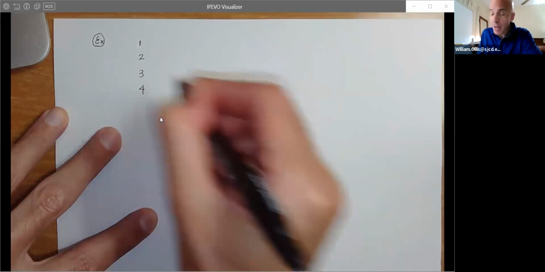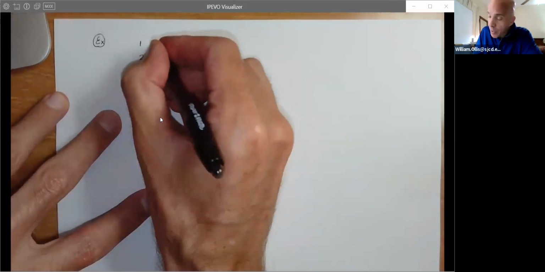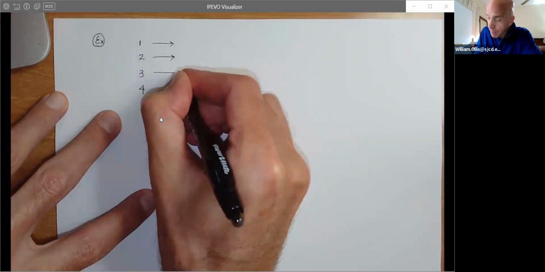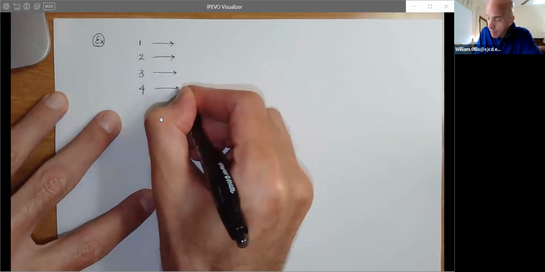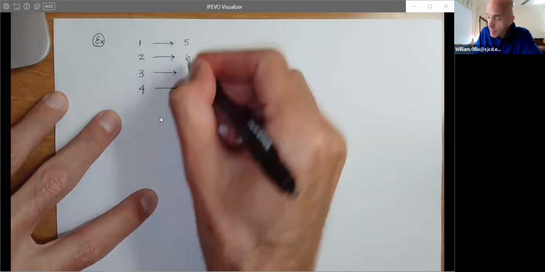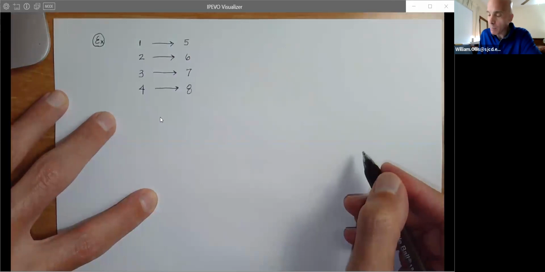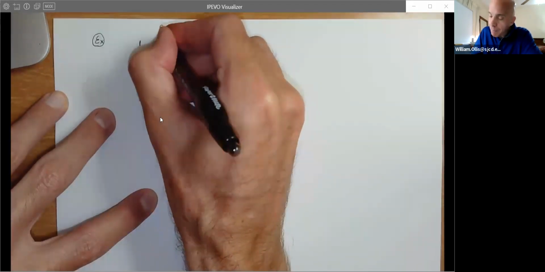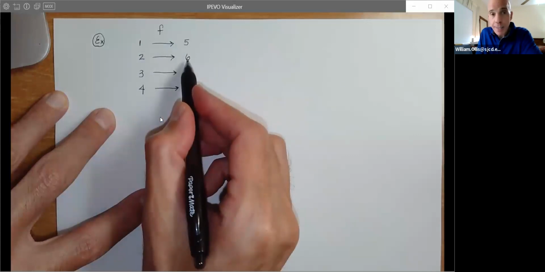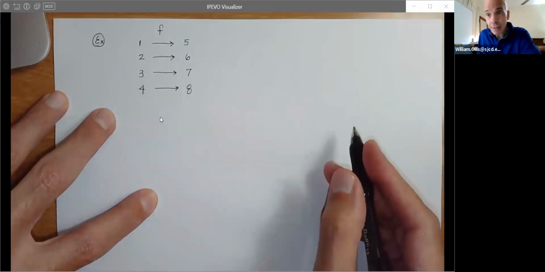So the domain of f consists of those four elements, and they're going to map into these numbers. We might say just very simple: 5, 6, 7, 8. This is completely arbitrary, but no problem. So we're saying that f of 1 is 5, f of 2 is 6, f of 3 is 7, and f of 4 is 8.